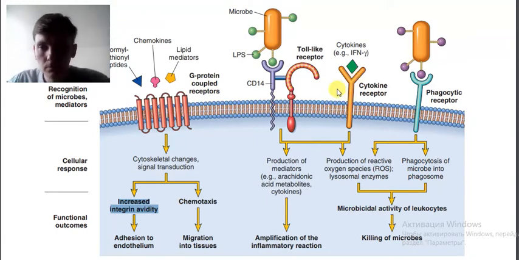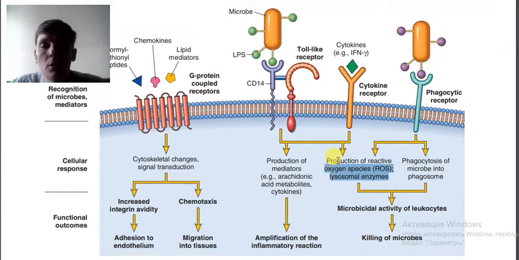Then cytokines like interferon gamma activate the interferon gamma receptor, and it leads to production of reactive oxygen species and lysosomal enzymes.